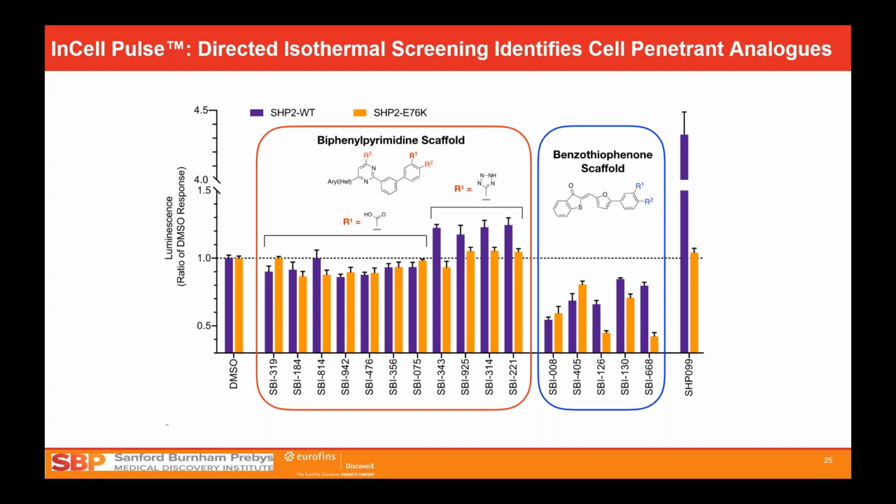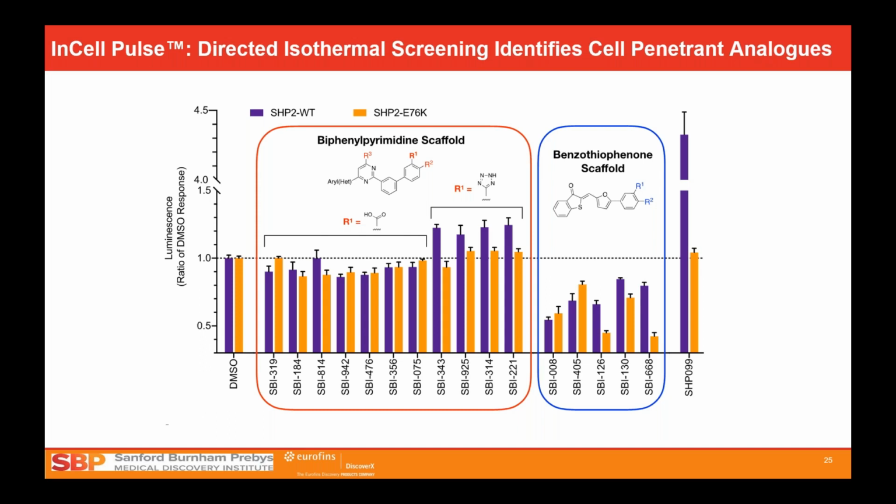So the ability to do isothermal experiments provides something that you can employ in your medicinal chemistry efforts. So I'll tell you about what we're doing here. Choosing an isothermal experiment, we stamped out 384-well plates, I think in quadruplicate, like 60 compounds at a time.